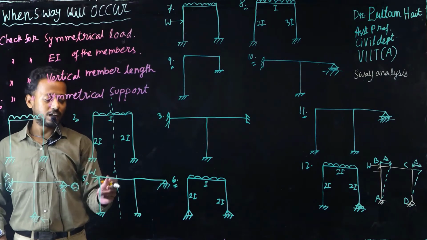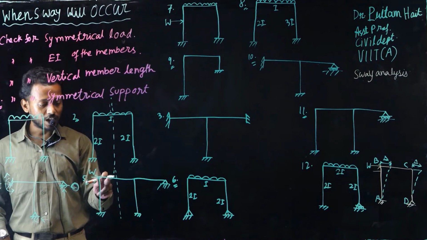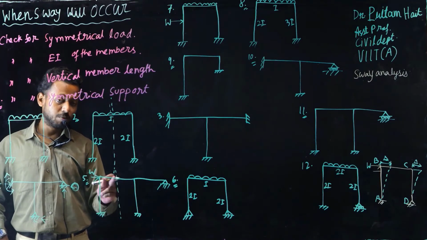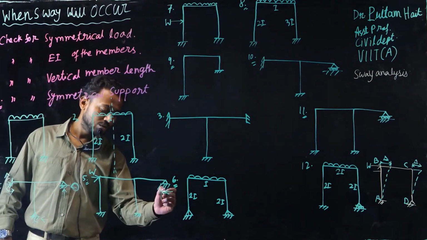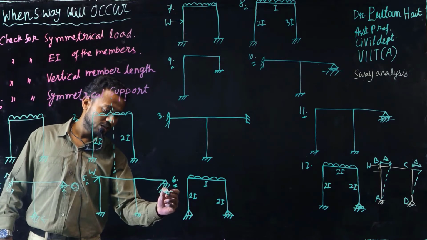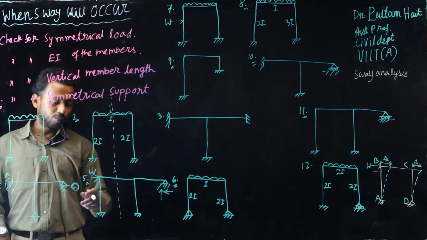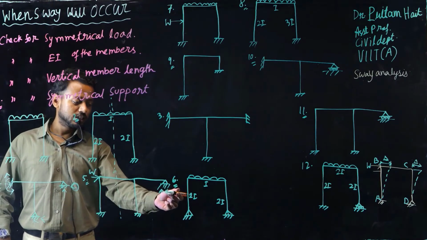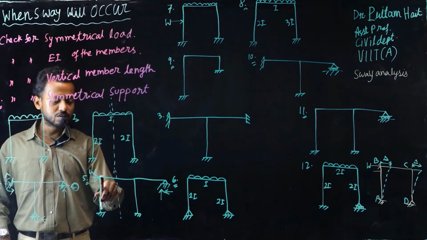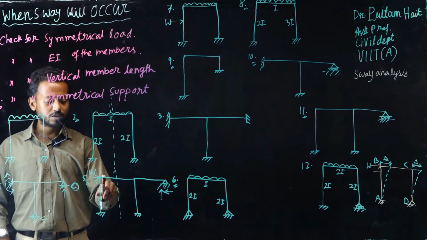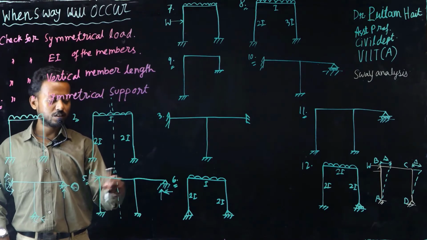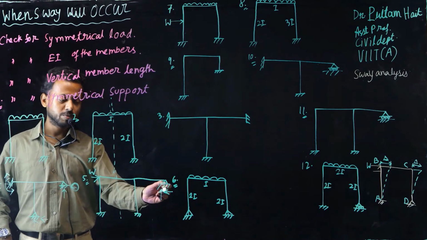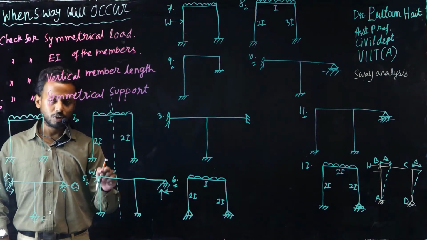So it has to sway in this direction, but this is a hinge support, it will give a horizontal reaction and a vertical reaction. So while it tries to deform in this direction, this force will resist, and while it tries to deform in this direction, this force will resist, that means this frame will not sway.